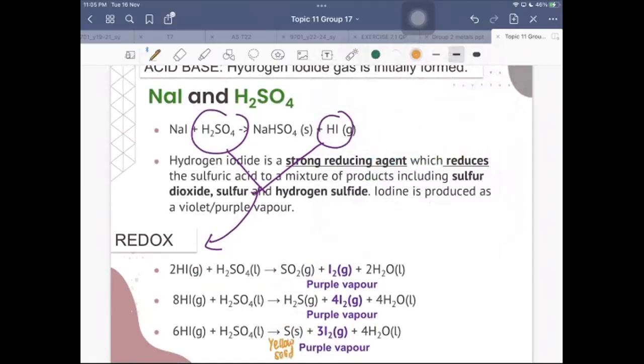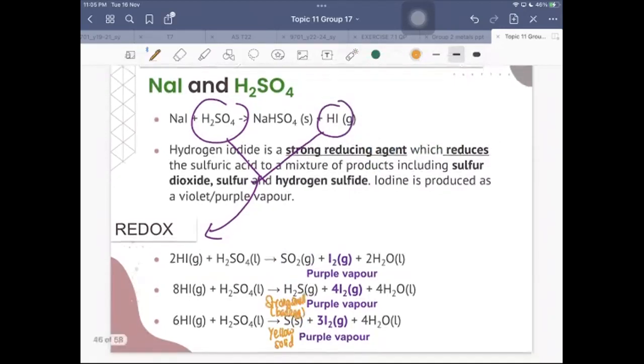And hydrogen sulfide. Hydrogen sulfide is a colorless gas, but with a strong smell. It has a bad egg smell. Not sure if you have ever smelled bad eggs before, but it's really bad.